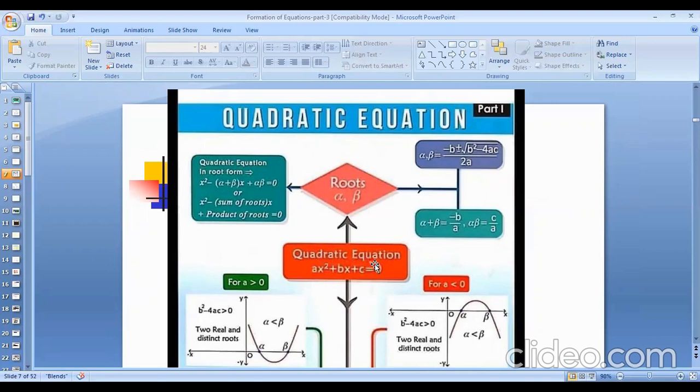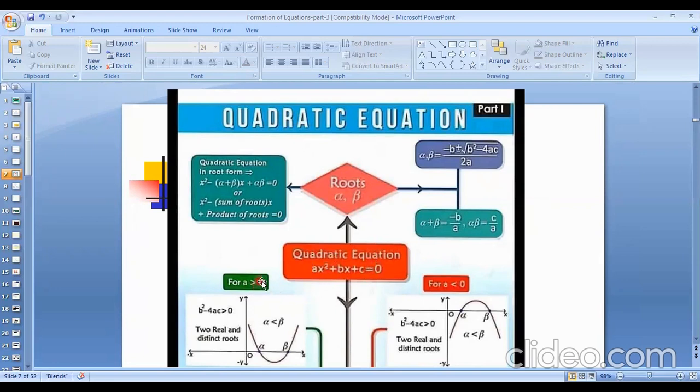This is a second degree polynomial equation of one variable. Remember it. You can write down the definition. What is a quadratic equation? A second degree polynomial of one variable is called a quadratic equation.